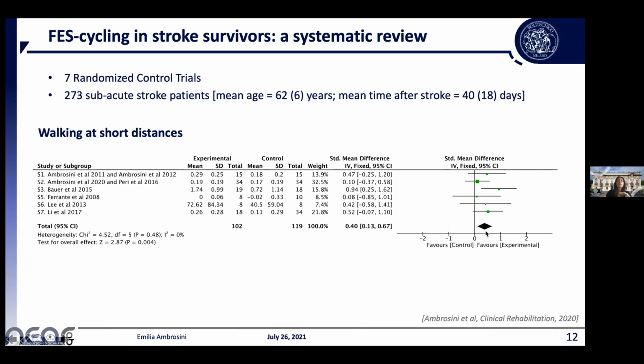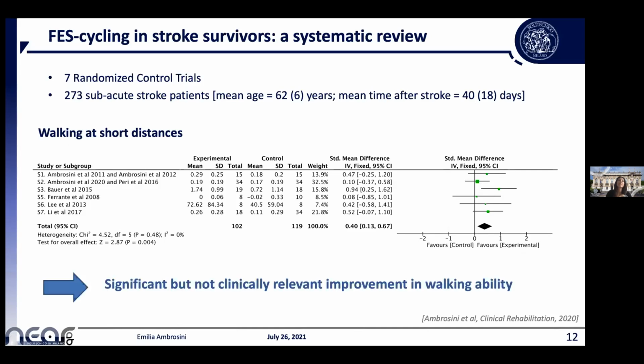So there was a significantly better improvement in walking short distances for participants involved in the FES cycling treatment, but this improvement was not found to be clinically relevant. We did not achieve the minimum clinically important difference for gait speed, which has been established at 0.16 meters per second in stroke survivors.